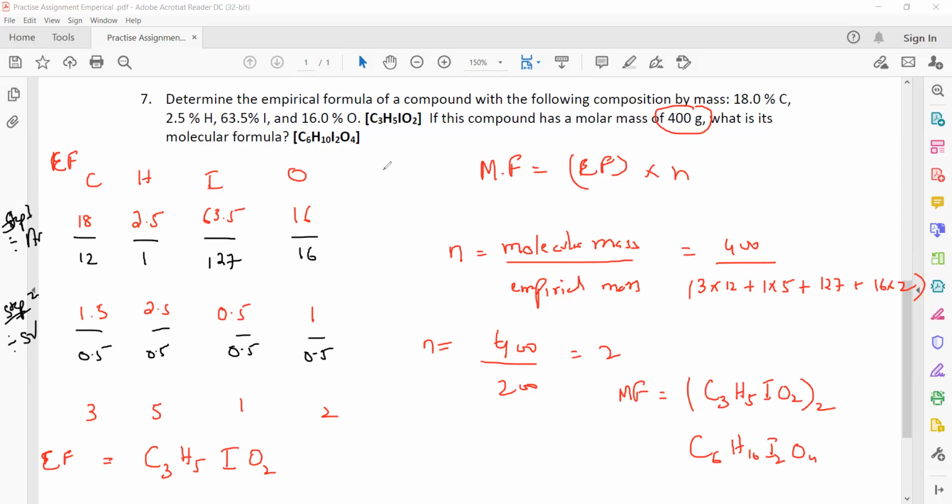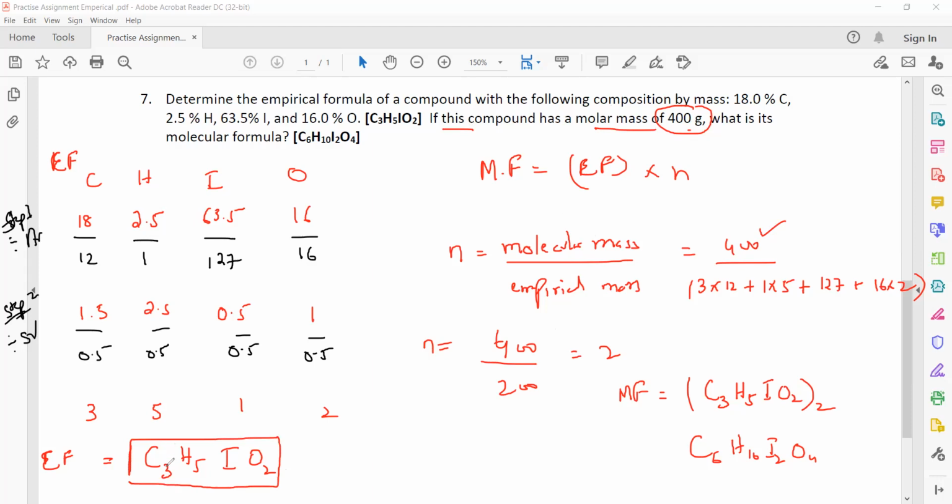How to find the value of N? N is molecular mass divided by empirical mass. As you can see, this compound has a molar mass or molecular mass, so the molecular mass is given. And how to work out the empirical mass? Empirical mass is from the empirical formula.